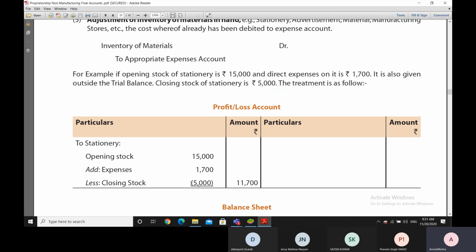So this closing stock is ultimately the inventory of material stock that we are taking into consideration in this case.